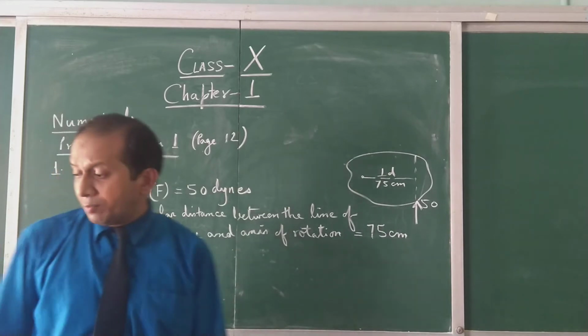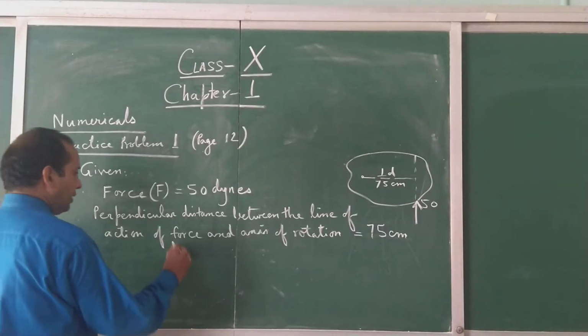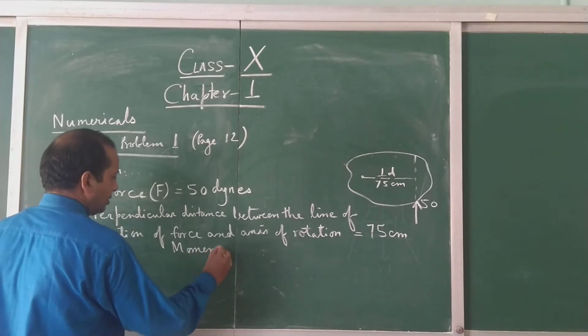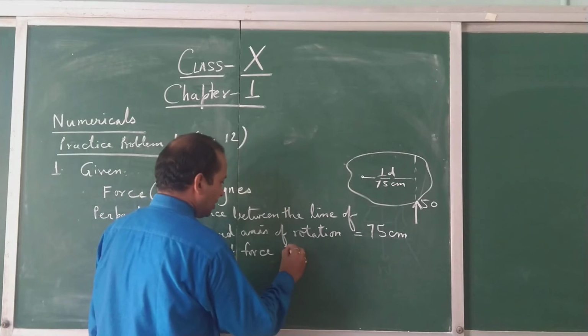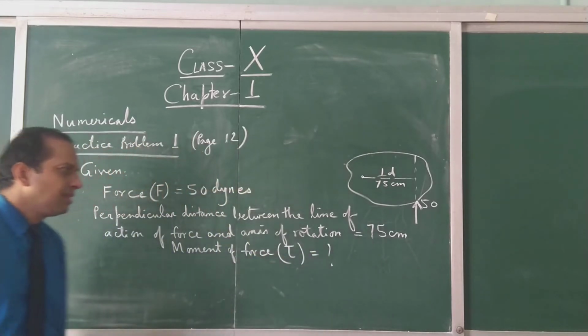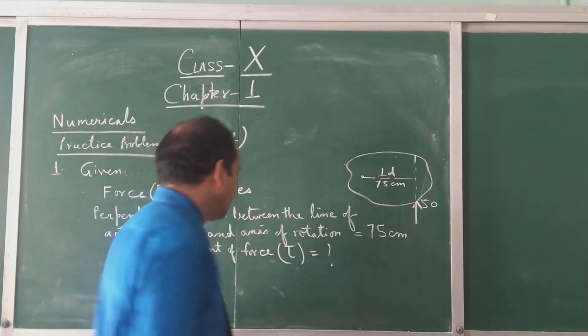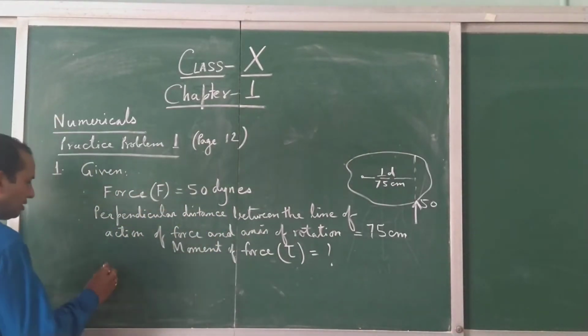So what is the moment of force? Calculate the moment of force, denoted by tau. If you know the formula, you can easily solve it. All the things are given.